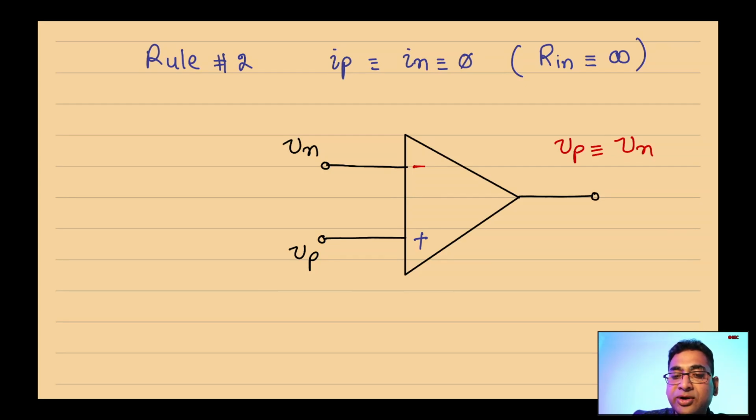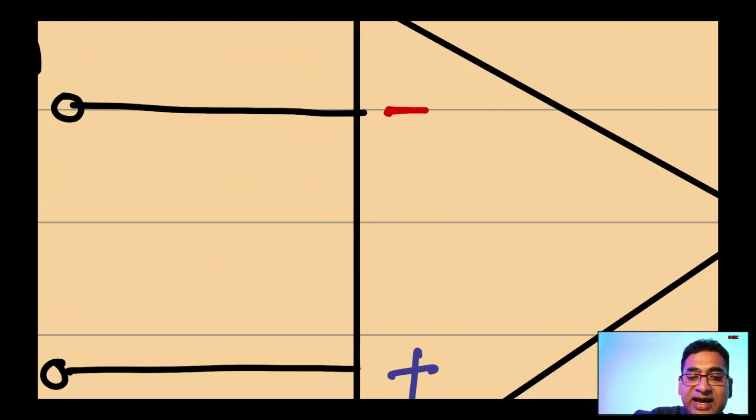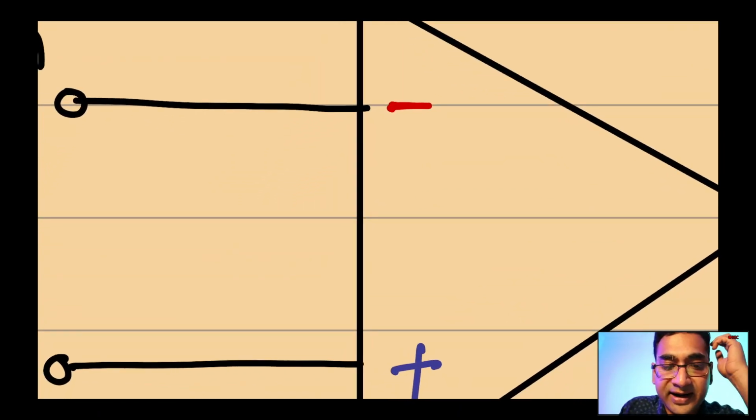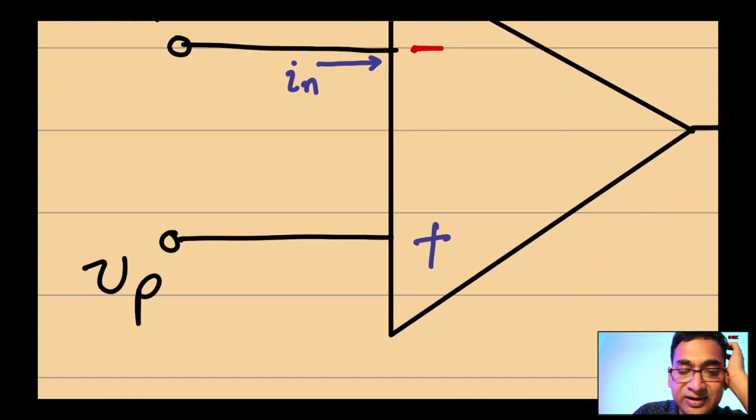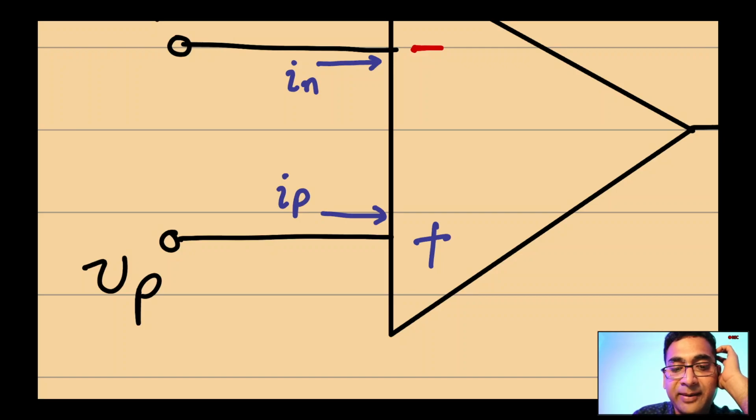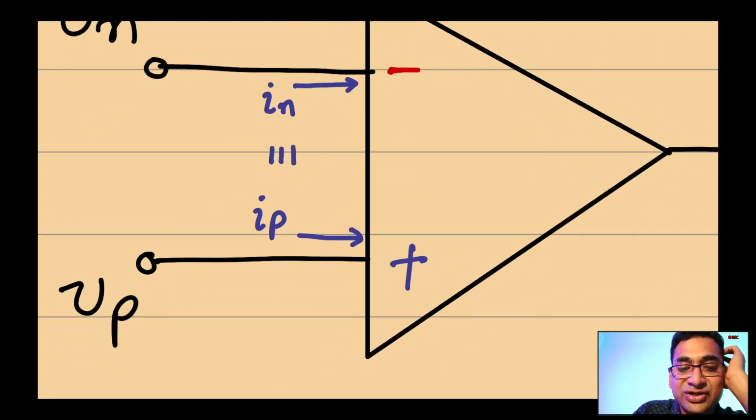Now rule number 2 says this: the amount of current going into the negative terminal of an op-amp and the amount of current going into the positive terminal of an op-amp are equal. Not only are they equal, they're actually zero.